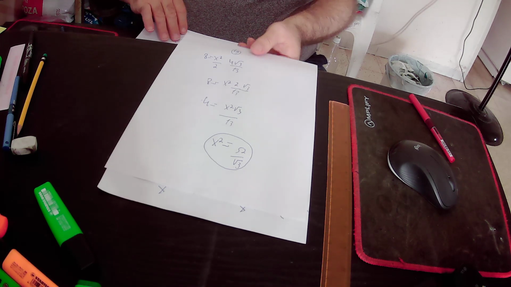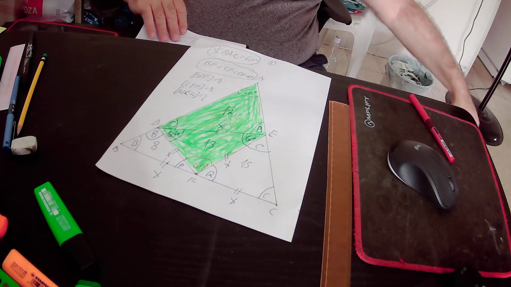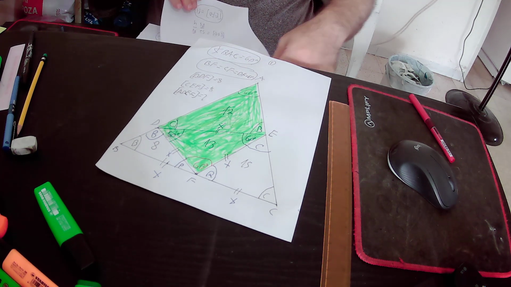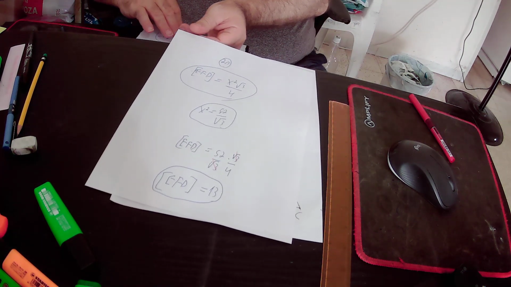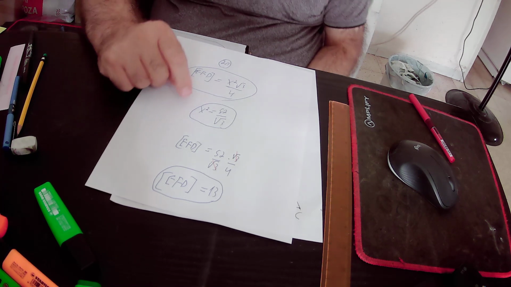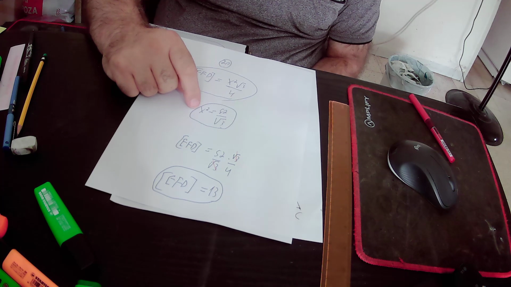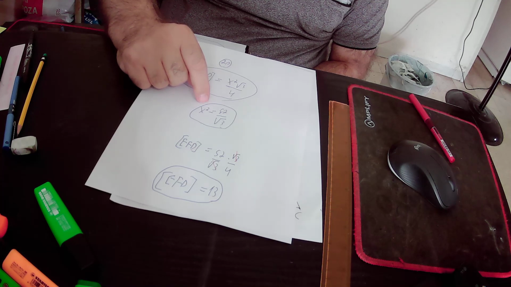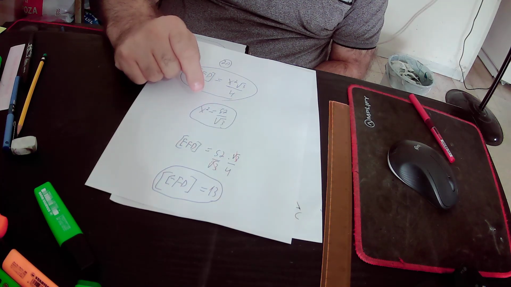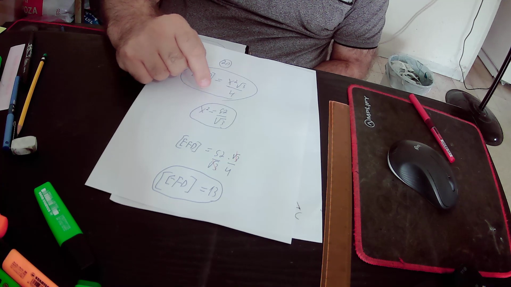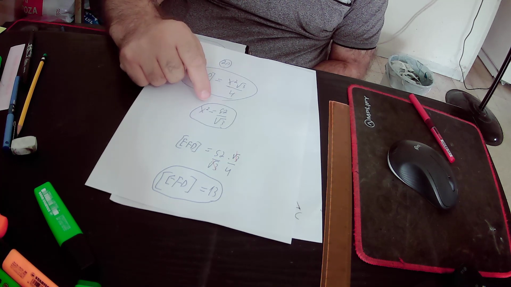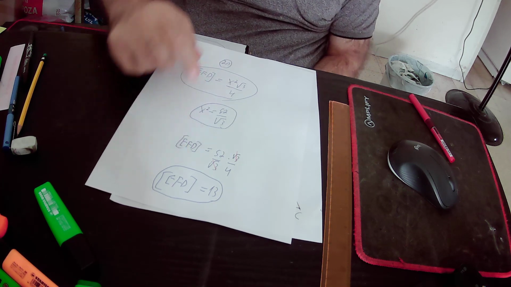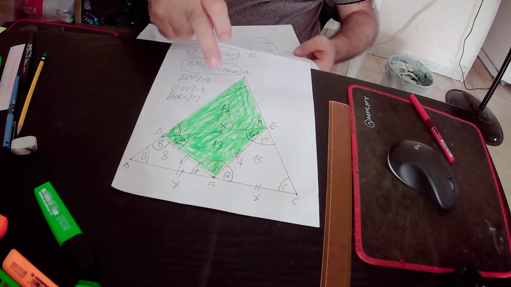And then we calculated the area of the equilateral triangle EDF. The area of triangle EDF equals x squared times root 3 over 4. But we have already found out that x squared equals 52 over root 3. So we can substitute x squared by its value, and we found out that the area of the equilateral triangle EFD equals 13 square units.